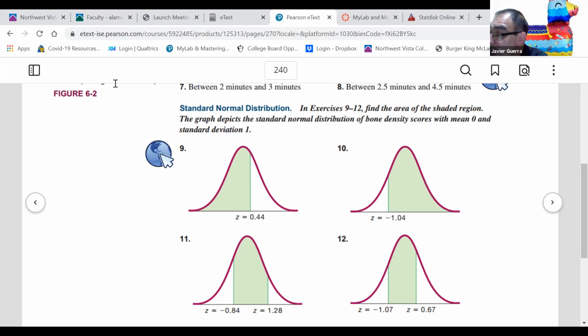I know I have to put the P and then parentheses, Z is what symbol? And then I have my 0.44. What symbol goes between the Z and the 0.44?